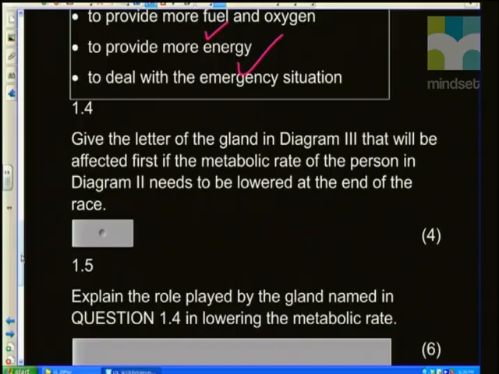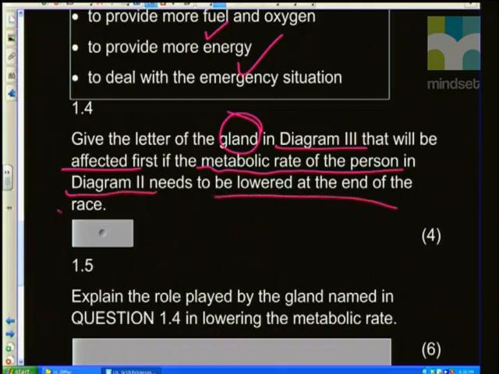Give the letter of the gland in diagram 3 that will be affected first if the metabolic rate of the person in diagram 2 needs to be lowered at the end of a race. So at the end of the race, we want the metabolic rate to come down.